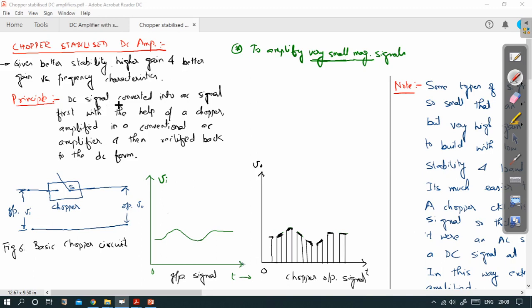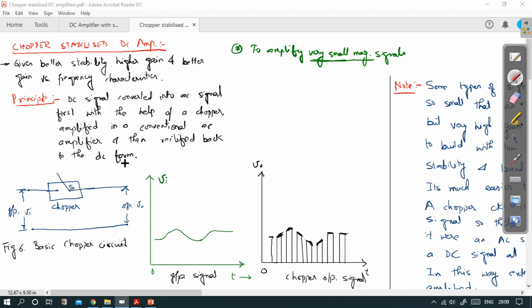So this DC signal is converted into AC signal first, and that is done with the help of a chopper. The chopper will convert that DC into AC signal, and then that AC version of the DC signal will be amplified in an AC amplifier, and after amplification the amplified AC signal will be converted into DC format.